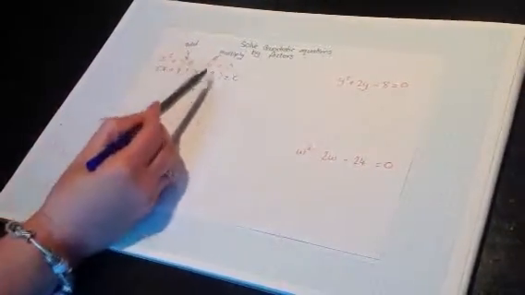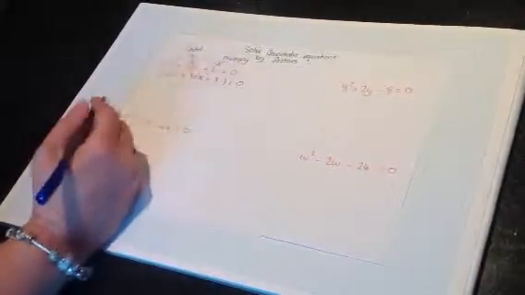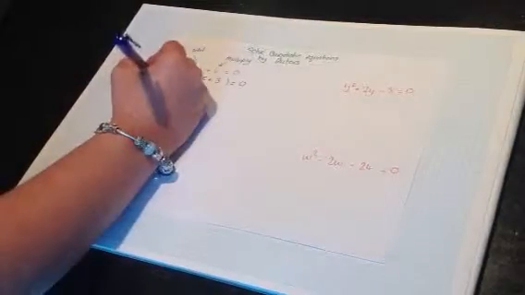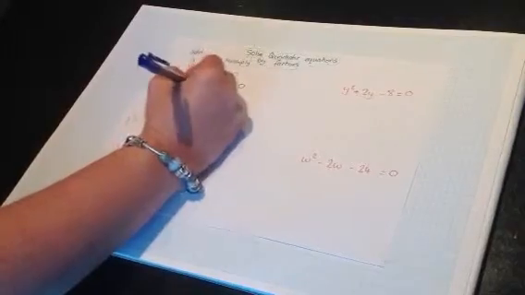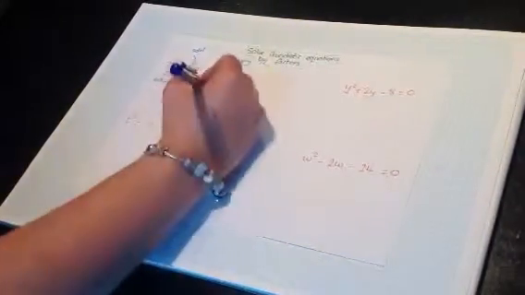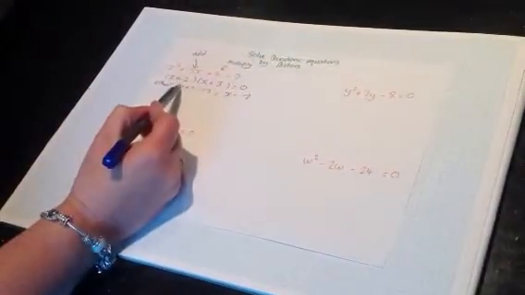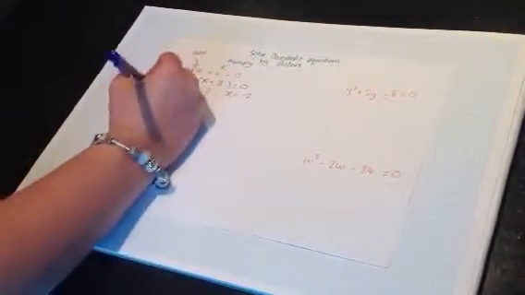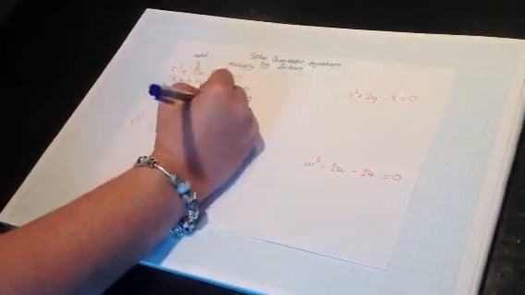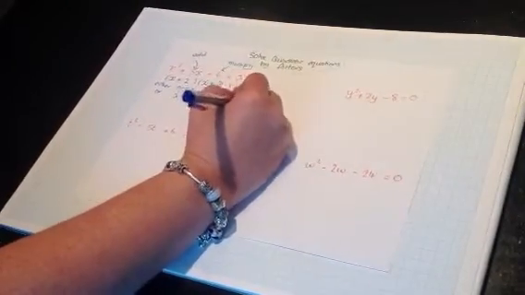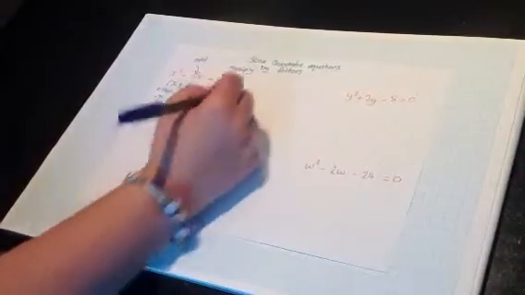Now, if I'm multiplying two brackets together and I'm going to get an answer of 0, then one of these two brackets must be equal to 0. So either the first bracket, x plus 2, is equal to 0, therefore x must be equal to minus 2, because minus 2 plus 2 makes 0, or x plus 3 is equal to 0, in which case x must be equal to minus 3, because minus 3 plus 3 equals 0.